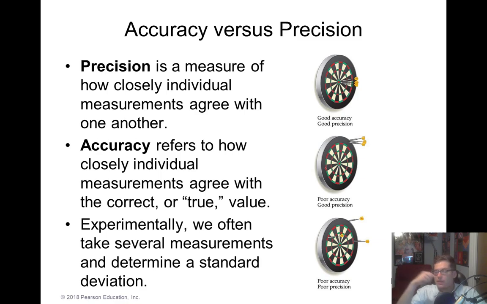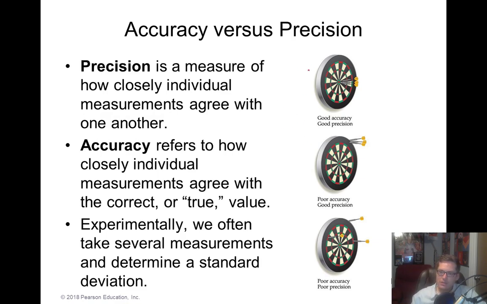But if I go to another scale that I know for sure is correct and it tells me I actually weigh 210 pounds, then my original scale is not accurate. Accuracy is how close you are to the right value. So precision is how much your measurements agree with one another, and accuracy is how much you agree with what should be the answer, or the true value.